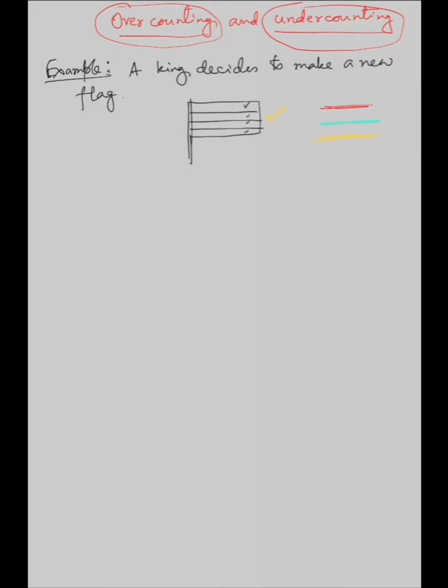Now in this problem we will encounter some mistakes of overcounting or undercounting. Now we will understand that mistake. Suppose the king has employed two designers to color this flag.